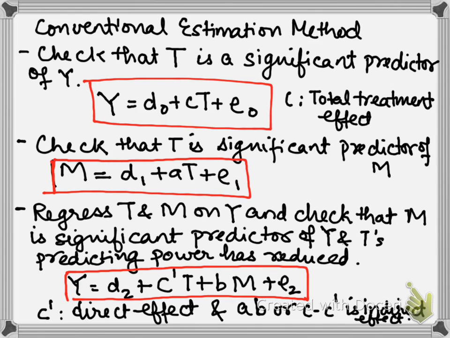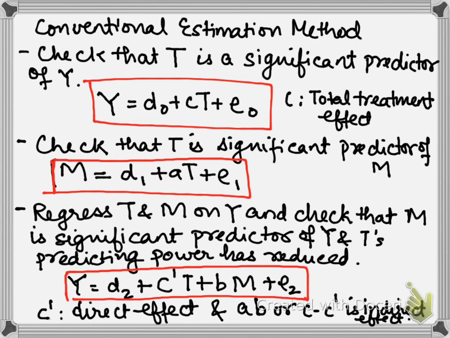So one more time, in the conventional estimation method, you check that T is a significant predictor of Y. Check that T is a significant predictor of M. Then regress T and M on Y and check that M is a significant predictor of Y and T's predictive power has reduced. In doing so, you will be able to estimate the direct effect, which is C prime, and the indirect effect, which is AB, the product of A and B, or C minus C prime.